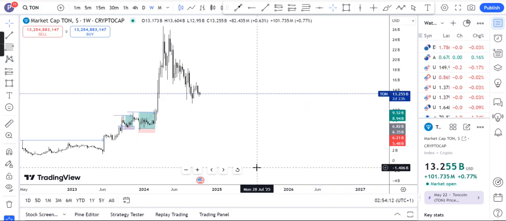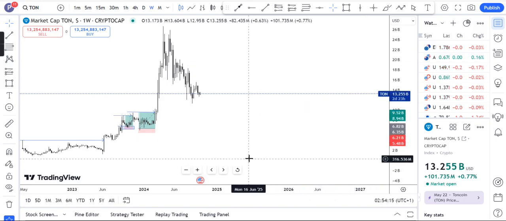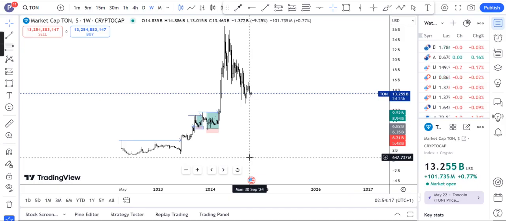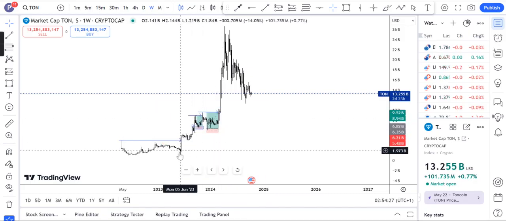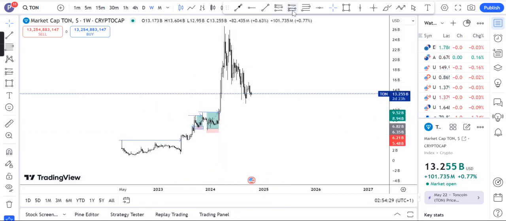On this higher time frame, what can we clearly see on the market now? Okay. I think we've had a lot of conditions around this support, and this was the first spike to the upside.